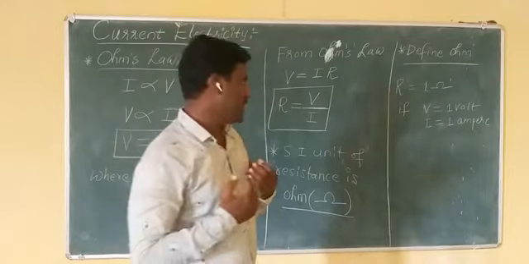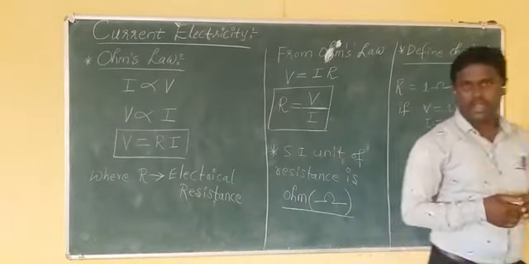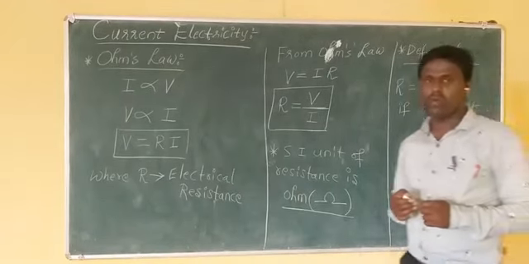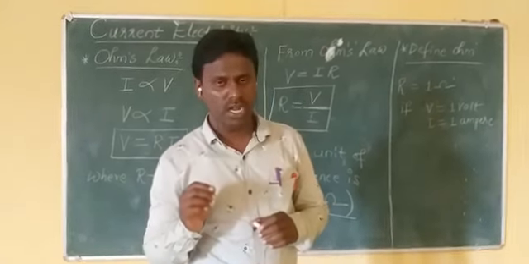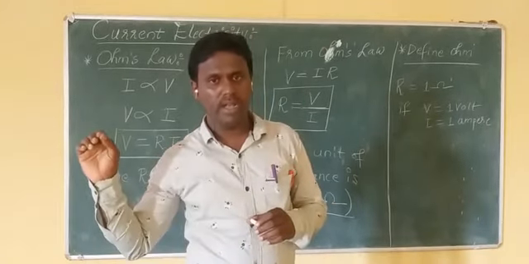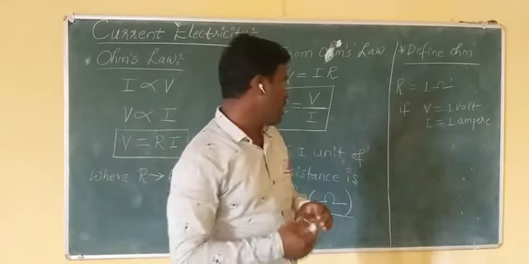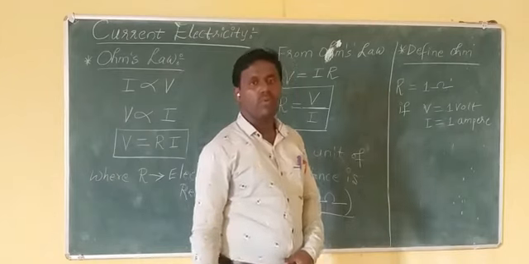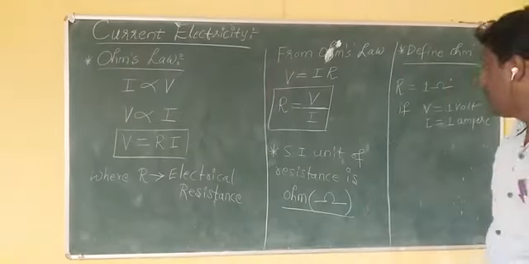See, what I am telling is how to define the ohm. The electric resistance of a conductor is said to be 1 ohm when 1 volt of potential difference is applied to the ends of a conductor and 1 ampere of electric current flows through it.